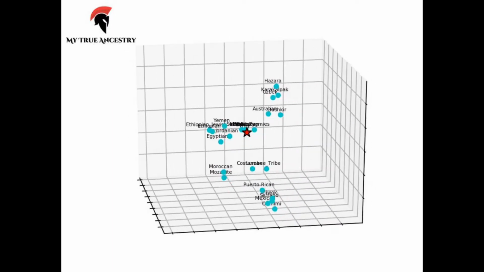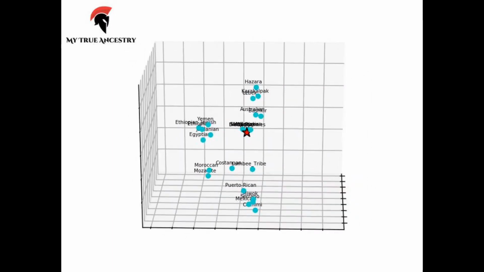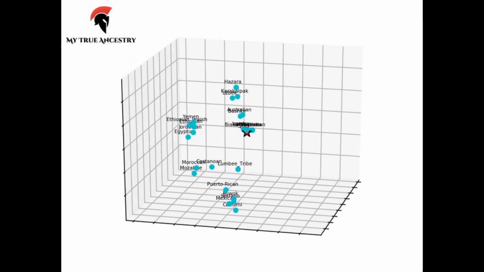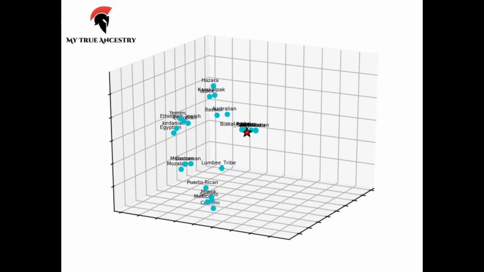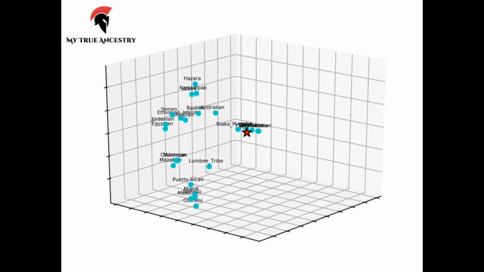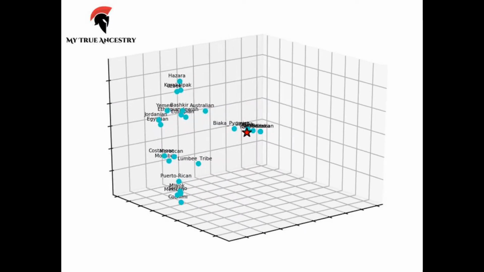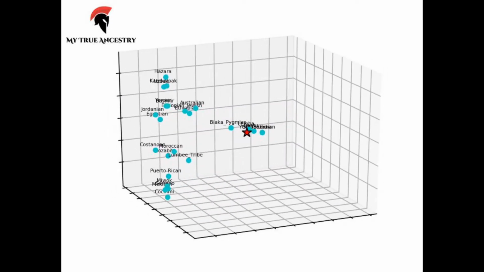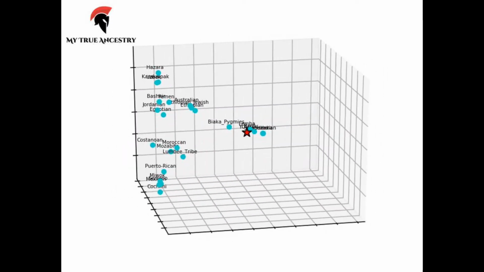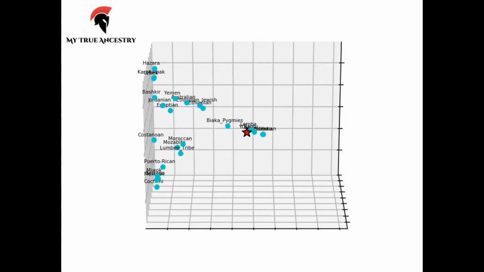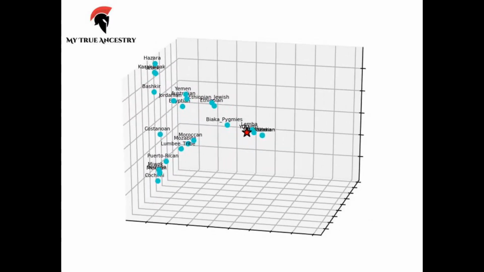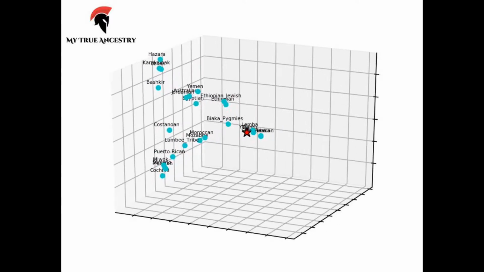And next they show the Lumbee tribe, and the Lumbee is the largest tribe in North Carolina, and they take their name from the Lumbee River, which winds its way through the Robeson County, Pembroke, North Carolina area. And they are a mix of the Siouan, Algonquian, and Iroquoian Native Americans.